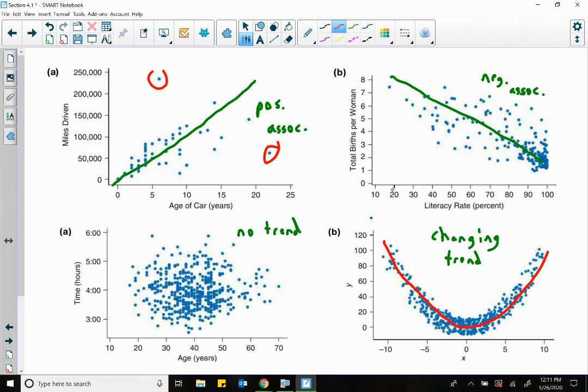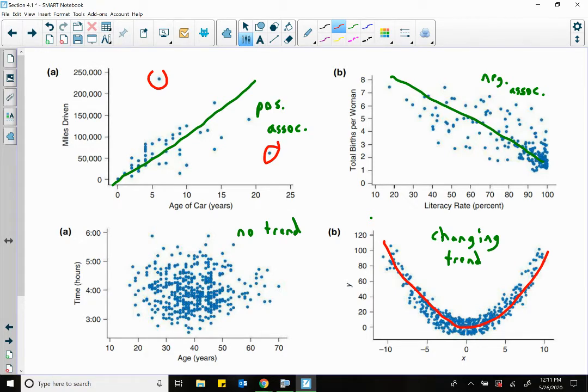Again, over here, you can kind of see this. As your literacy rate increases, the total births per woman decrease. So the idea is as you get smarter, the less likely you are to birth a baby as a woman.